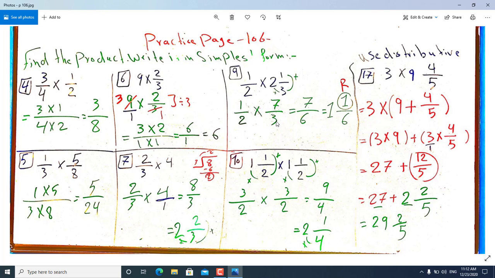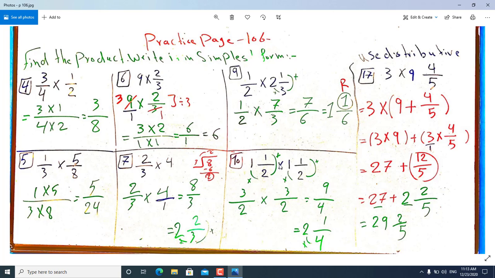Also, we can't find a common factor between 3 and 1. So we just multiply the numerator with the numerator, denominator with denominator. 1 times 7 is 7, 2 times 3 is 6. 7 is more than 6, so we can write it as a mixed number. 7 divided by 6 is 1, we know that. And 1 is the remainder because 1 times 6 is 6 and we need 1 more to be 7. So the remainder we write over the fraction.